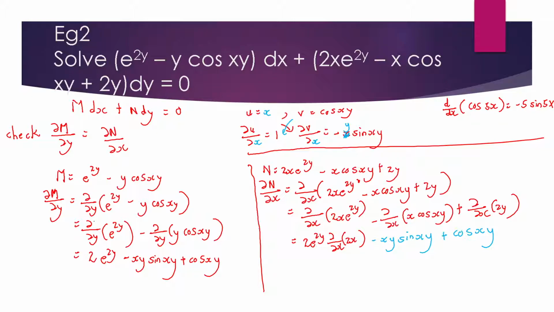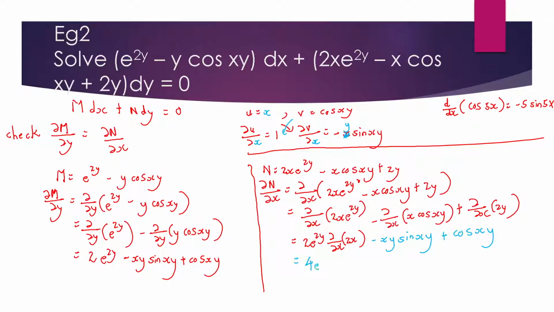So now you check del m del y. Okay, this one haven't done. Del x 2x, you have 2, so total is 4.